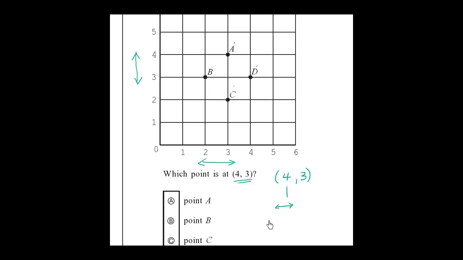That is also known, and if you haven't seen this already, you may see this at some point, as the x-axis. And the second number is the number that goes on the line up and down, and that is called the y-axis.